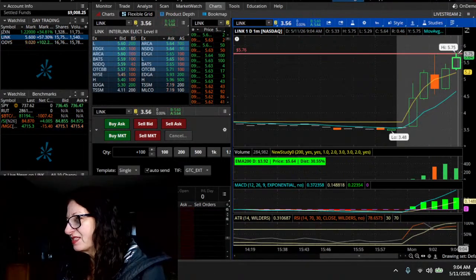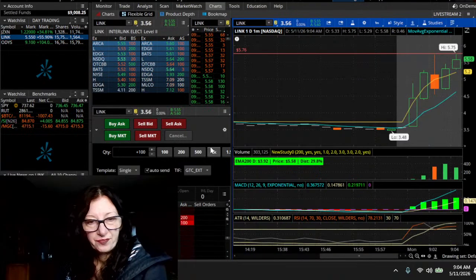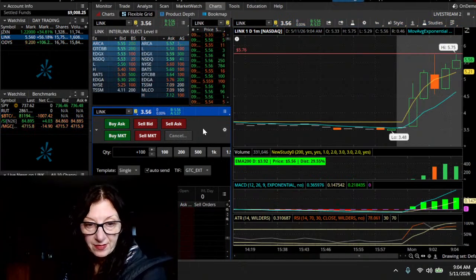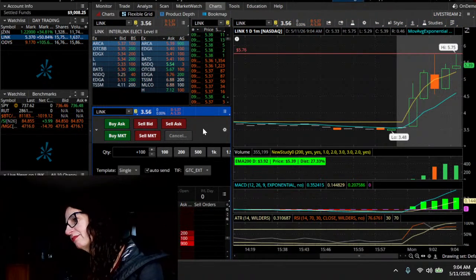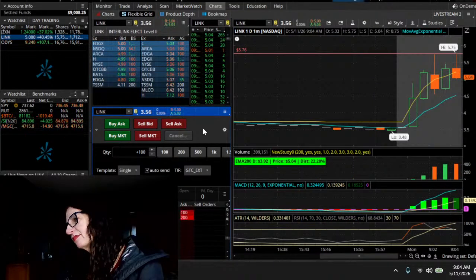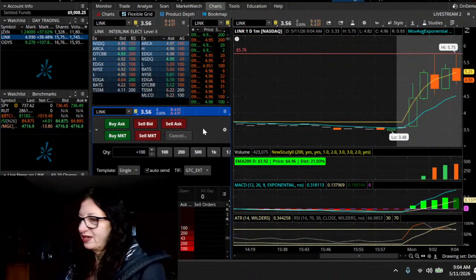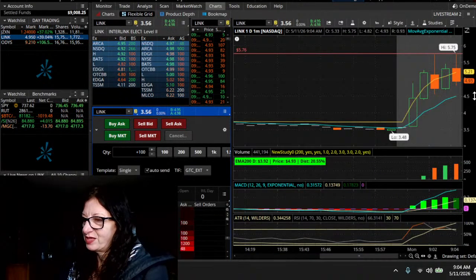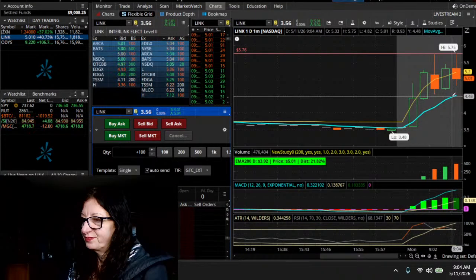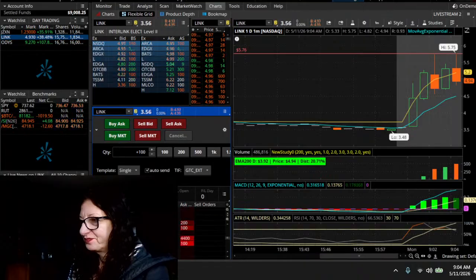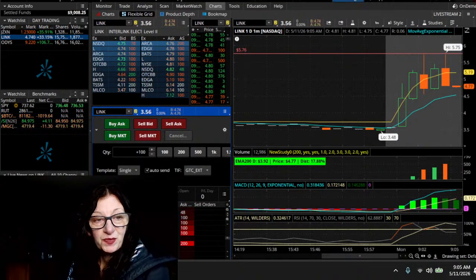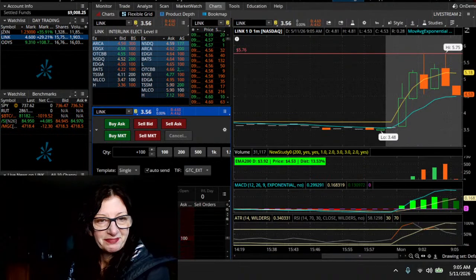All right, so it's tapping this level again. Yeah, I don't like these red candles with topping tails. Below VWAP. All right, maybe not. I had high hopes for that, but maybe not.